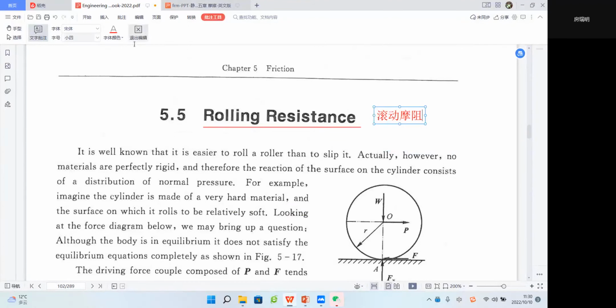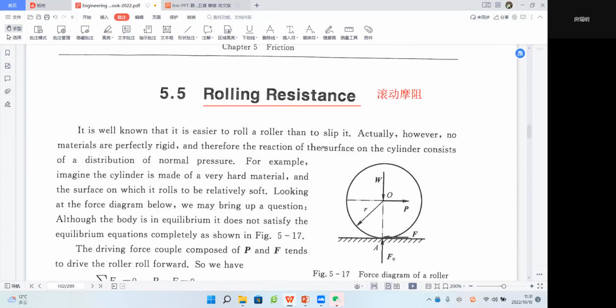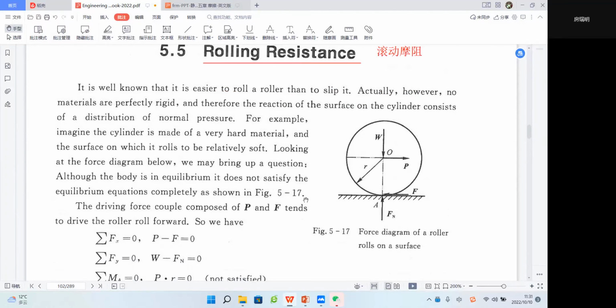We just finished discussing sliding friction. This so-called rolling resistance means it can resist rotation from happening. I think we all have life experience.